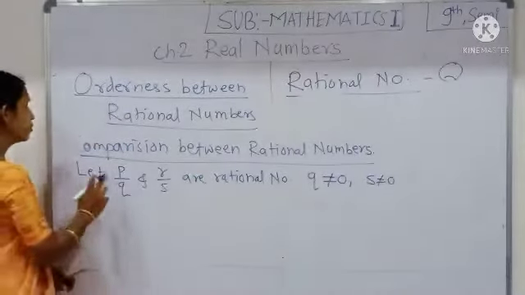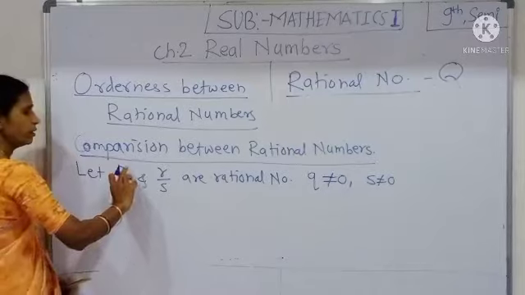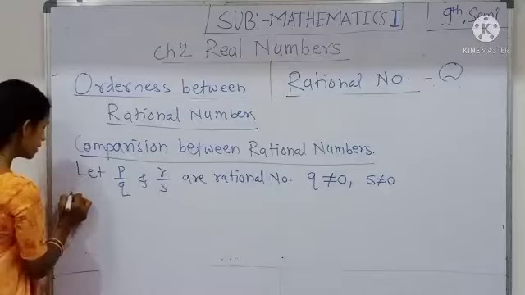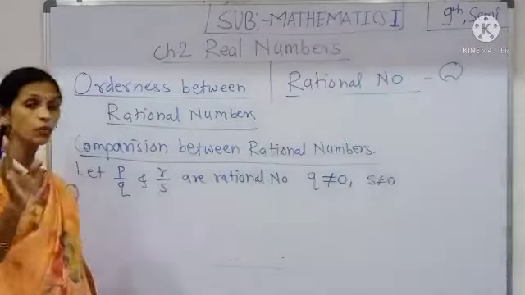Then we can compare those rational numbers. See here, there are three possibilities.